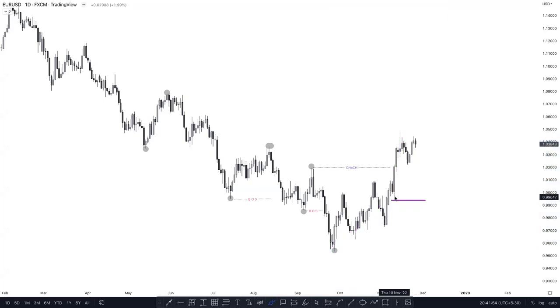This small pullback is here, so this becomes our valid pullback, and this one is our major low.